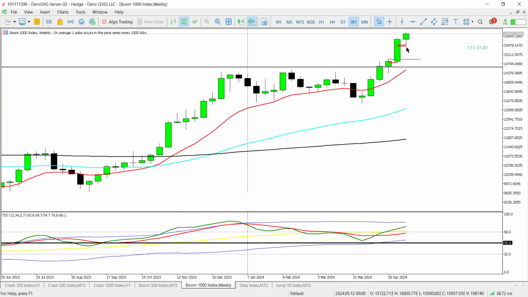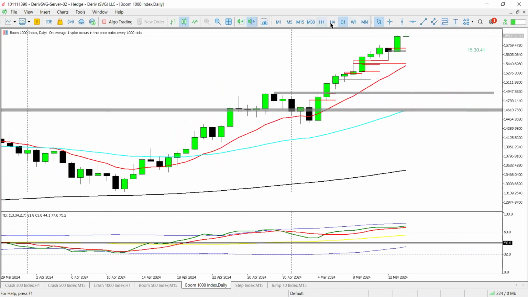Weekly shows that it can potentially expand to the top side as well, but also bear in mind that the weekly might even just close like this, which means price will just end up playing inside this candle if it decides to do that. But otherwise, the bias is bullish on B1000, coming from the weekly bullish, daily bullish.